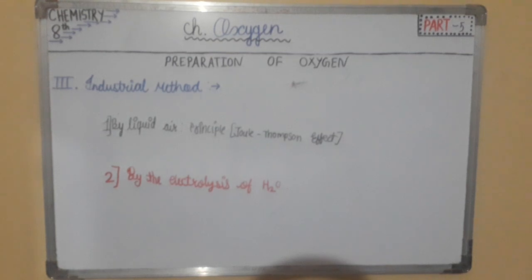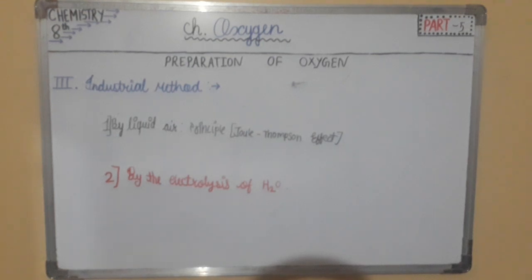Hydrogen gas accumulates in the limb which is connected to the negative terminal, and oxygen gas accumulates in the limb which is connected to the positive terminal.